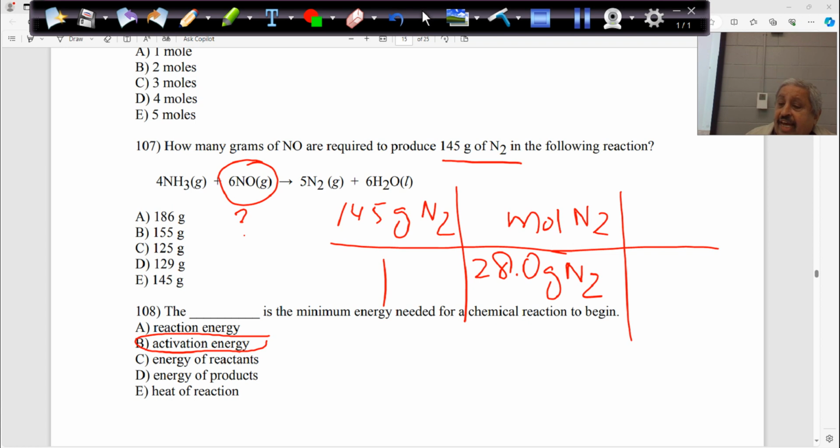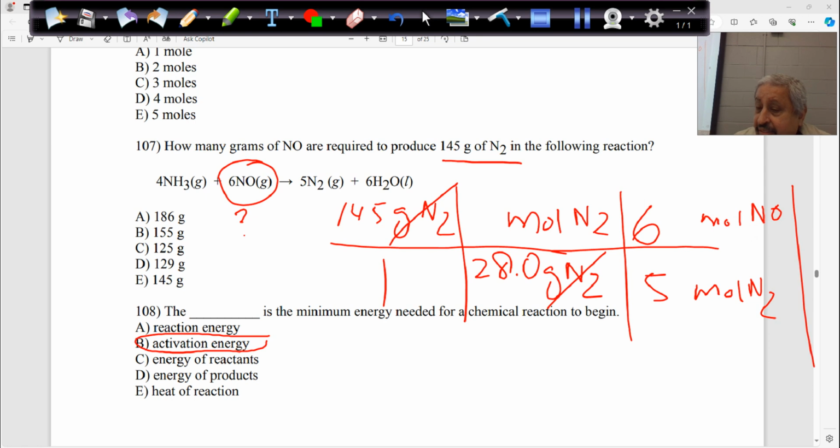Then the grams cancel with the grams. I need to get rid of the mole of nitrogen here. I have 6 NO to 5 nitrogen. Correct? So moles of NO in, and moles of NO out.